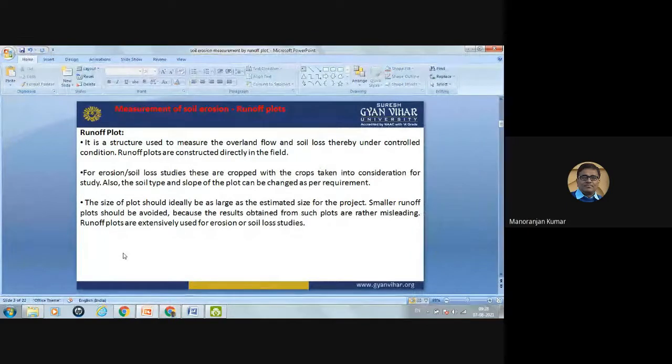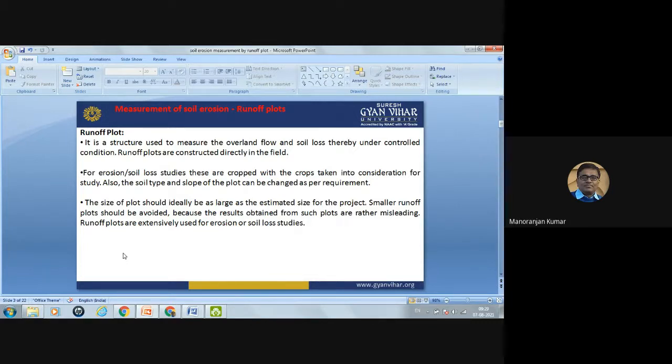A runoff plot is a structure used to measure the overland flow, and thus it is used to measure the soil loss under controlled conditions. These runoff plots are constructed directly in the field.